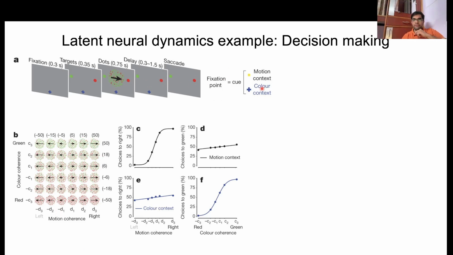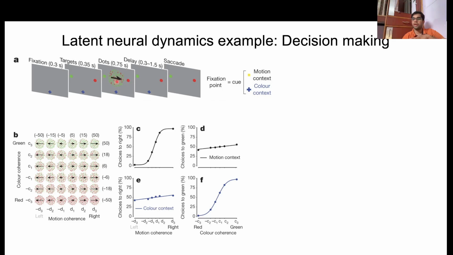So basically, if it is a color context, the monkey has to make a saccade. Let's say if it is mostly green, the monkey has to make a saccade to the left side. If it is a color context, it has to make a saccade based on the color of the dot, either to the left or to the right.